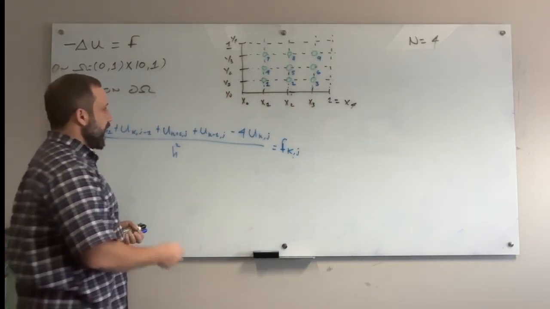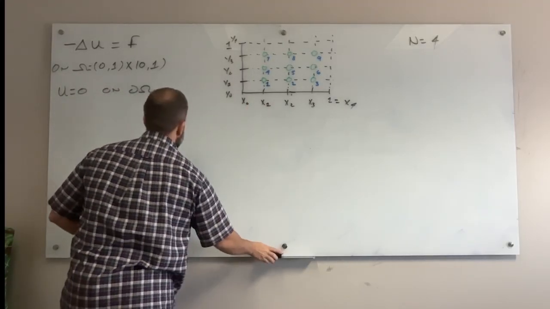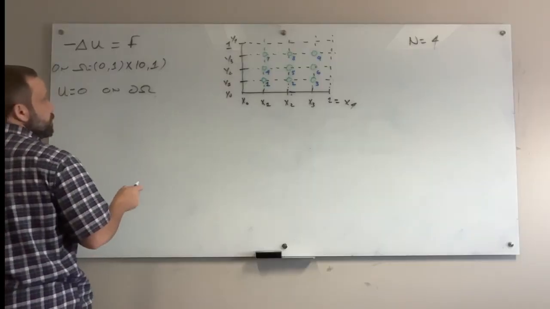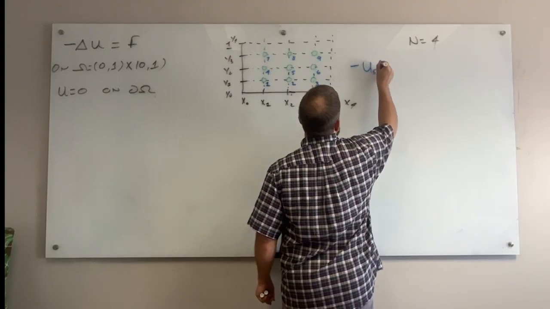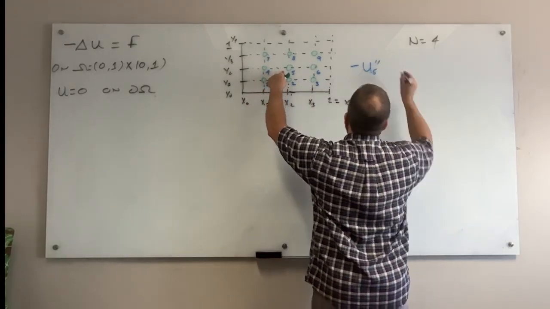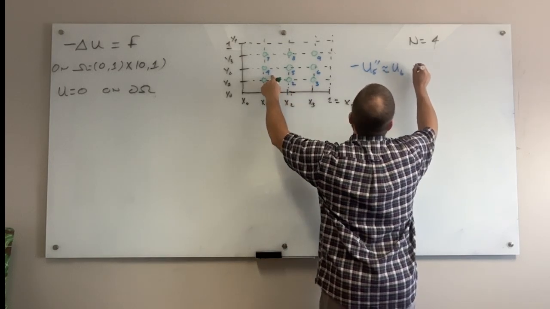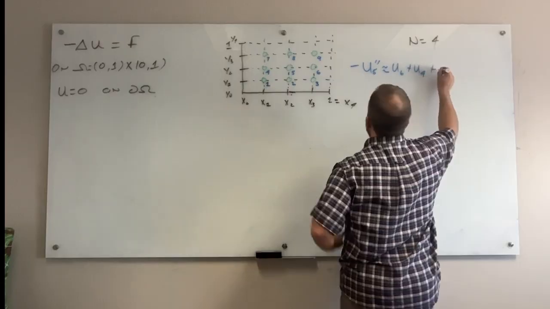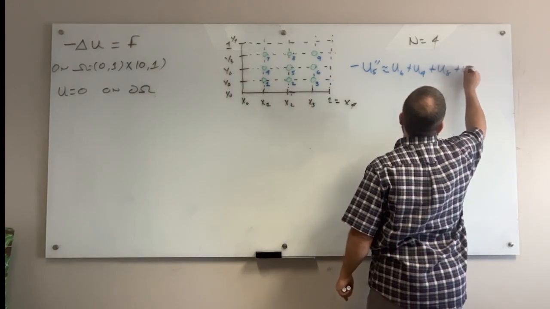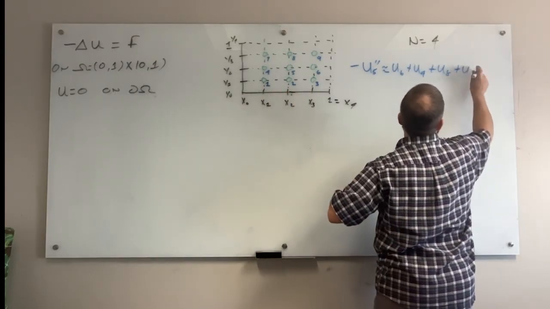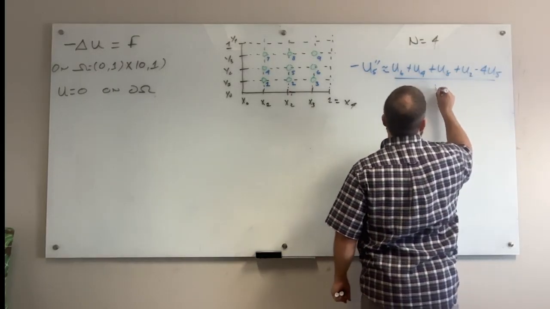Then if we use these orderings to give us the approximations, minus u5 double prime, so the second derivative evaluated here, is going to be approximately u6 plus u4 plus u8 plus u2 minus 4 u5, divided by h squared.